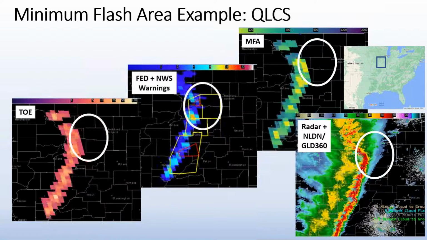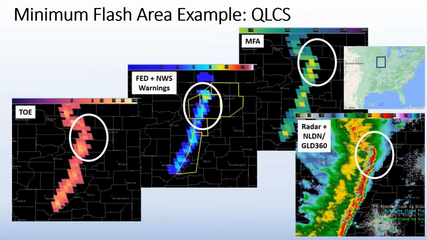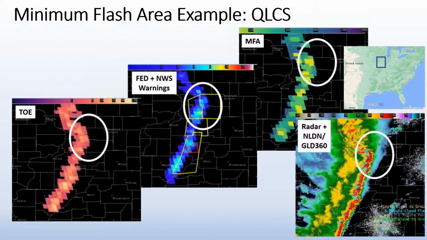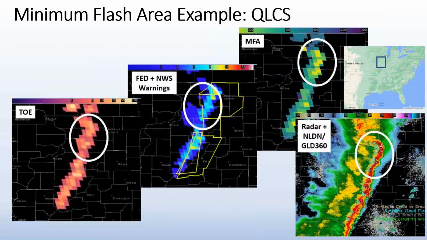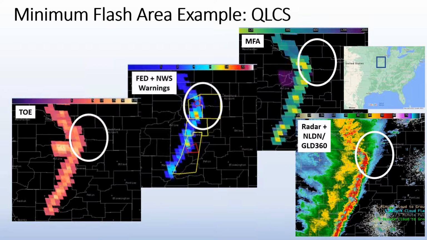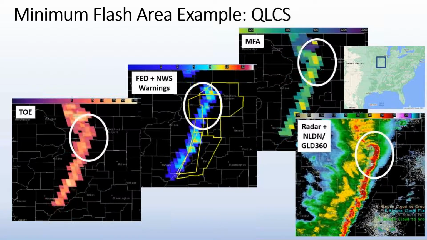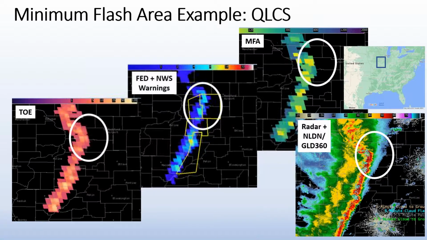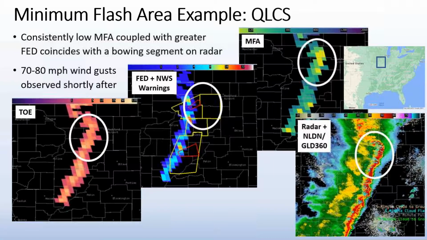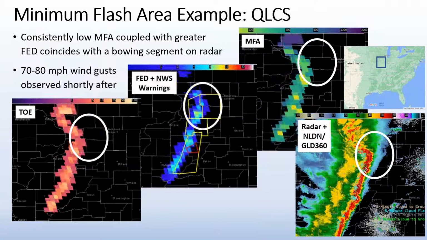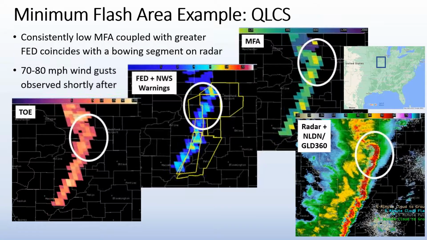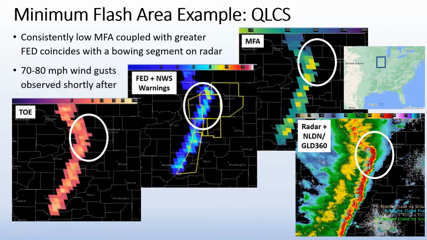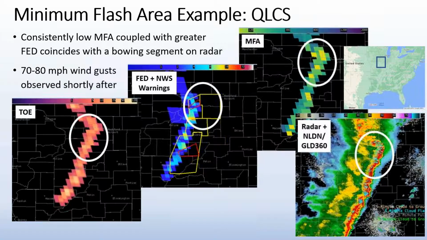It's associated with fairly high TOE values, as well as noticeably higher FED. So we've got more frequent and smaller flashes occurring. So that's a good sanity check on what the lightning activity is telling us about how this storm system is evolving. And indeed, right after this imagery was taken, 70 to 80 mile per hour wind gusts were observed near Rockford, indicating that bowing segment bringing stronger winds.